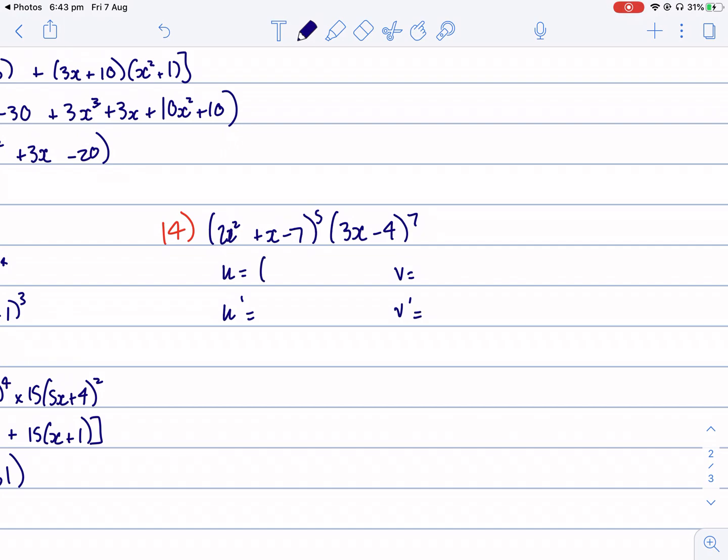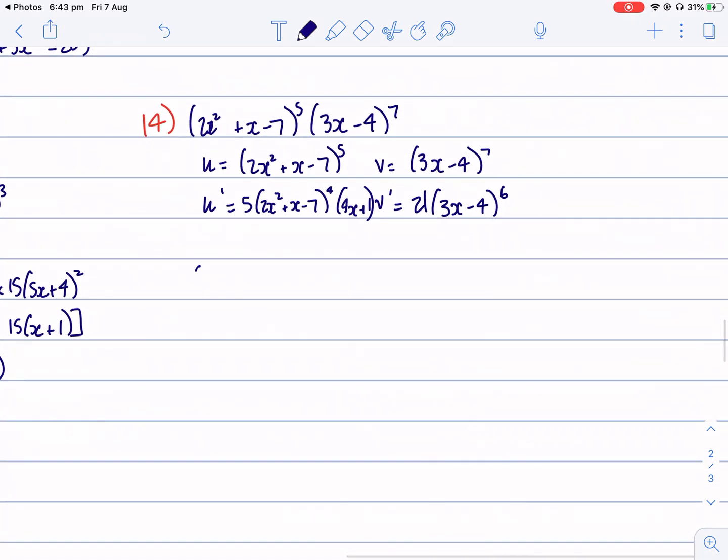So we've got 2x squared plus x, take 7 to the 5. So we've got 5 lots of 2x squared plus x, take 7 to the 4, times 4x plus 1. V, 3x, take 4 to the 7. So we've got 7 lots of, well, we're going to end up timesing it by 3, the 3 inside. So we've got 21, 3x, take 4 to the 6.